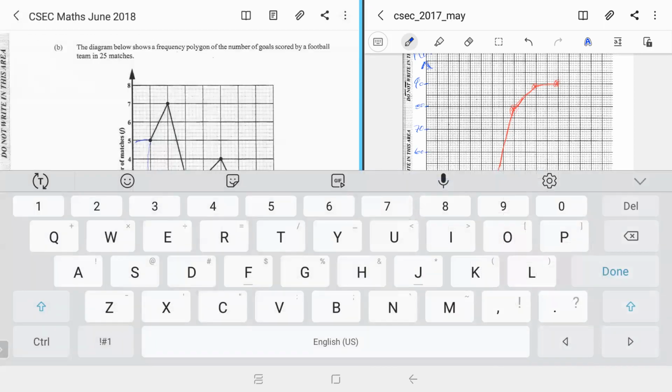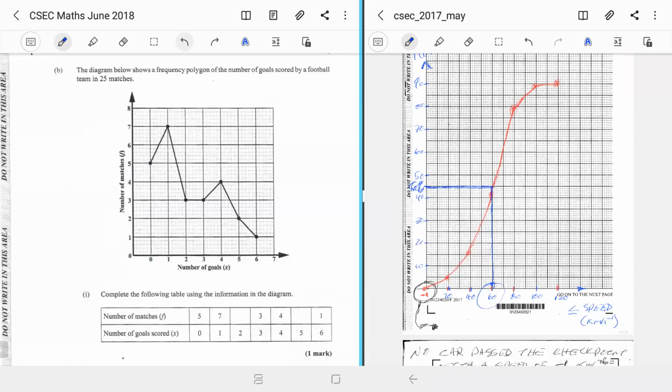It also means that 1 goal was scored in 7 matches, and 2 goals and 3 goals were scored in 3 matches. 4 goals were scored in 4 matches. 5 goals were scored in 2 matches. And 6 goals were scored in 1 match.